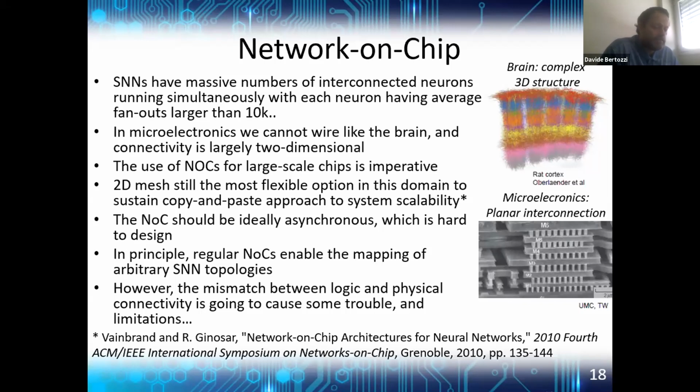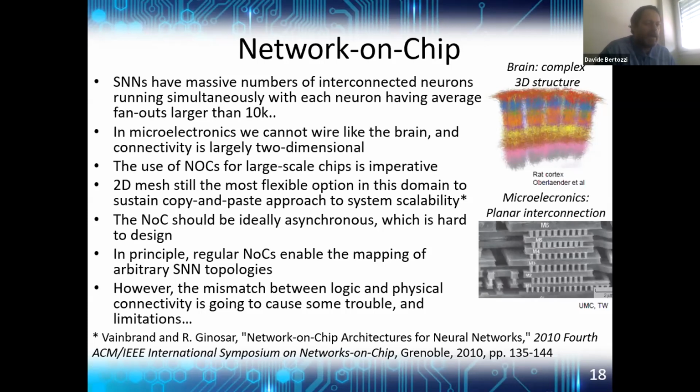On the other hand, regular networks on chip enable arbitrary node-to-node communication. It's not a hardwired huge fan-out connection, but it allows arbitrary node-to-node communication in the system. Every node can talk to every other node by means of a regular topology that has limited connectivity. This is a very important concept, and next slides will be about that.